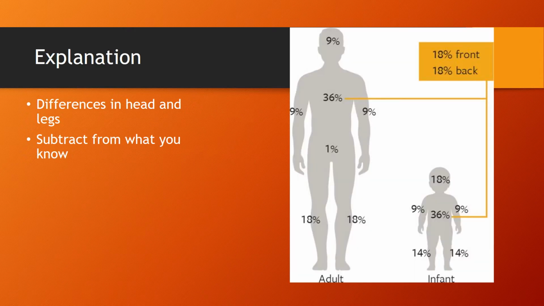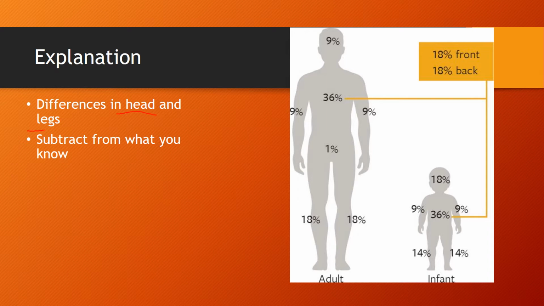There are a couple differences in how you use the rule of nines for pediatric or infants and for adults, and basically that just comes with the differences in how the surface area is spread out in the body. Basically the differences come down to the head and the legs.